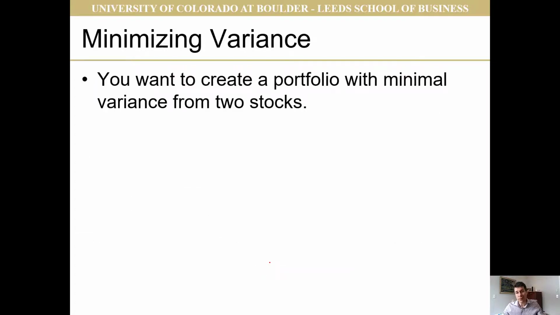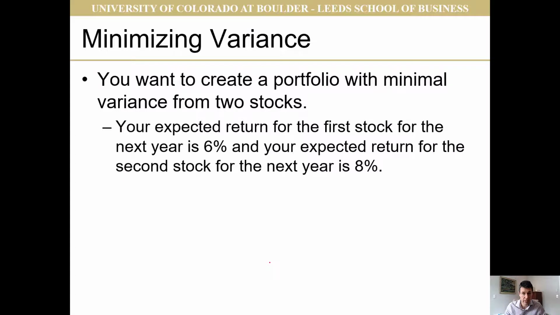Now, first, we're going to do an exercise where we create a portfolio with minimum variance from two stocks. So we're trying to minimize the variance. That should be a good calculus concept here. So if we know the formula for the variance, we minimize by taking its derivative, setting it to 0, and so on. So your expected return for the first stock is 6%.